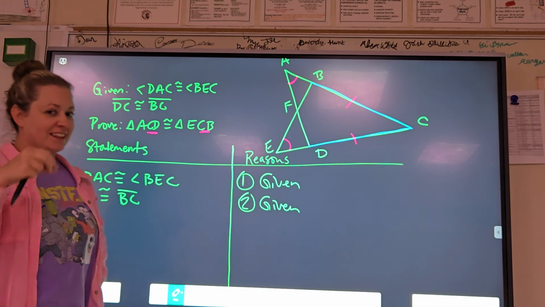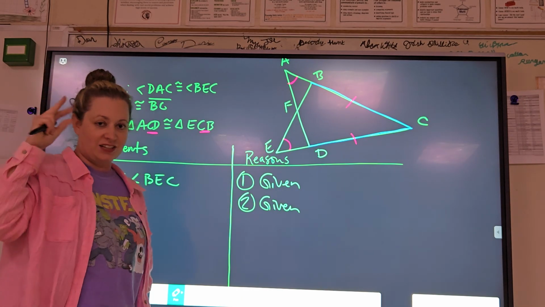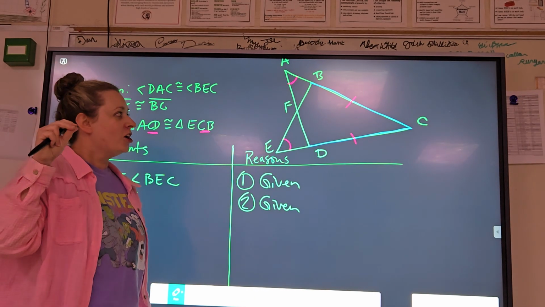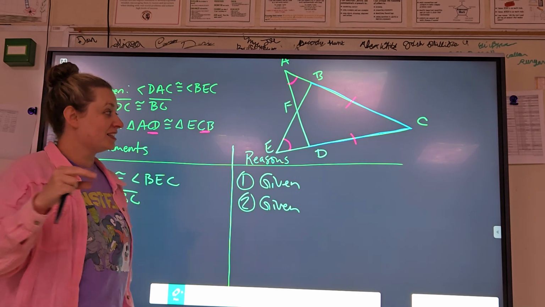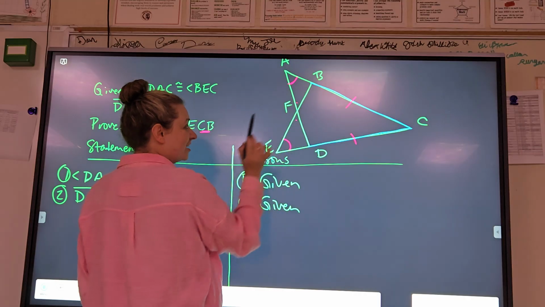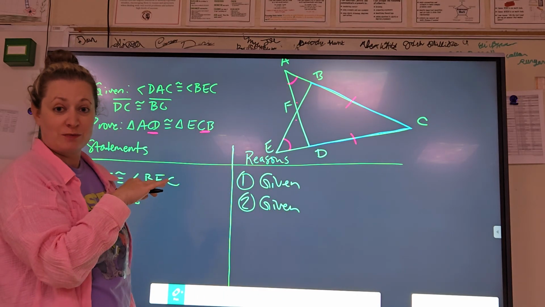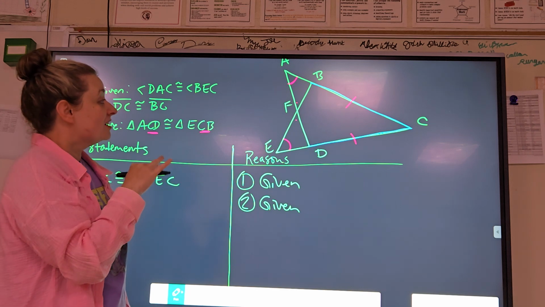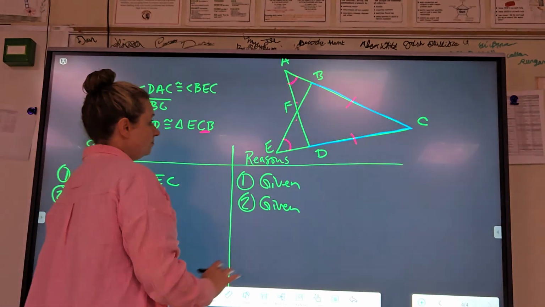So finding the next thing that we had to go here kind of made my eyes cross a little bit. What I had to do, because my eyes kept going here to these vertical angles, but those vertical angles don't have anything to do with the 2 triangles that I'm trying to prove, was go in and separate them.